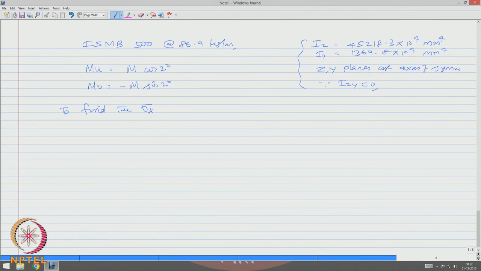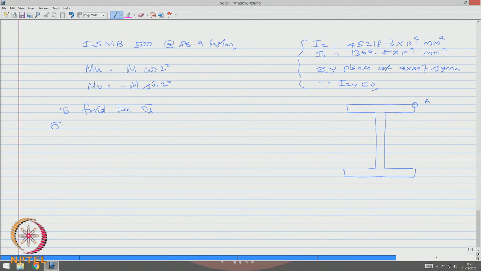At point A. The point A is located here.